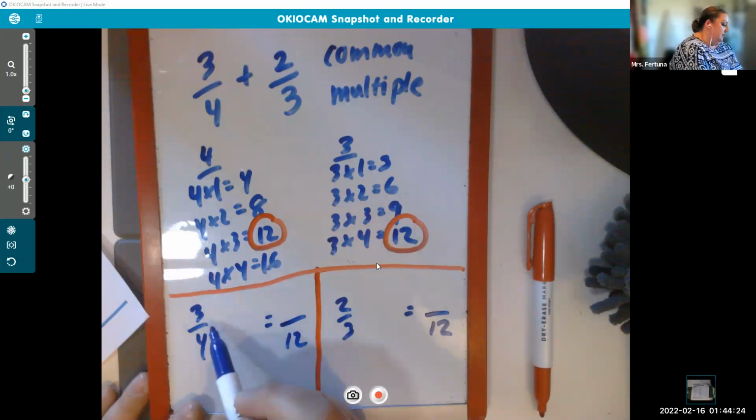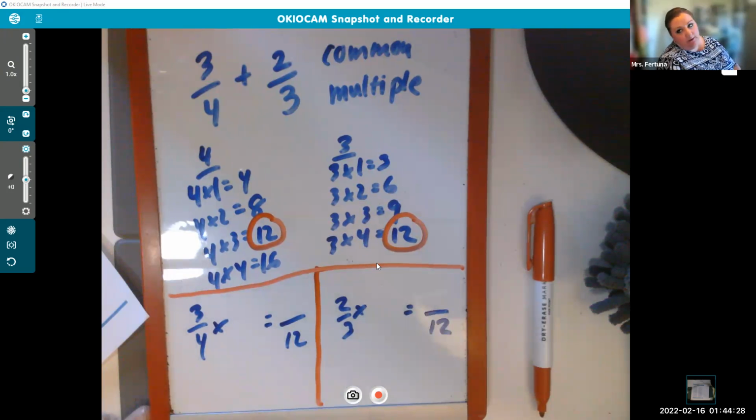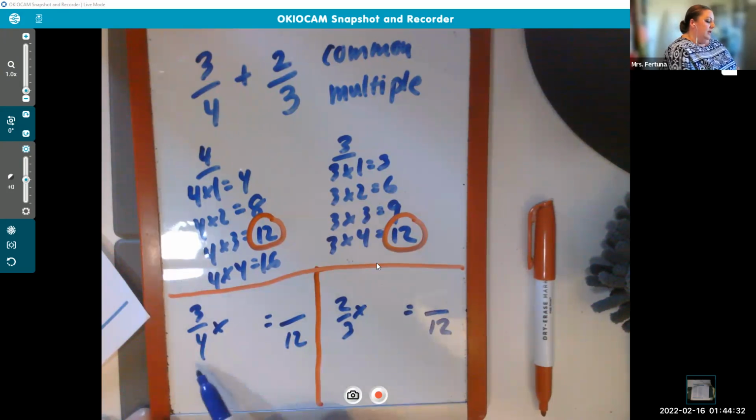Okay, so another way, instead of writing a bar model every time, because that might take us a little bit longer, is to multiply the numerator and the denominator by something to give us the new numerator, so that we can add this and this fraction together.